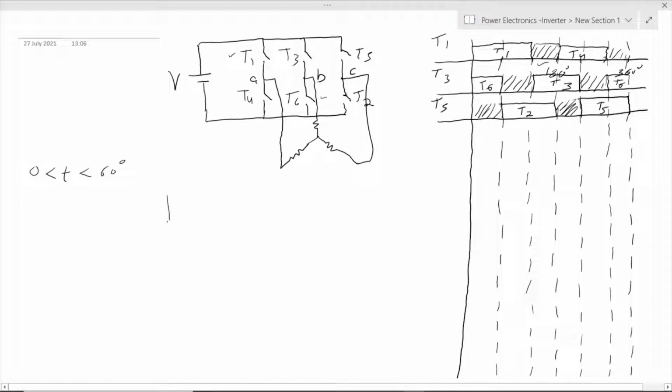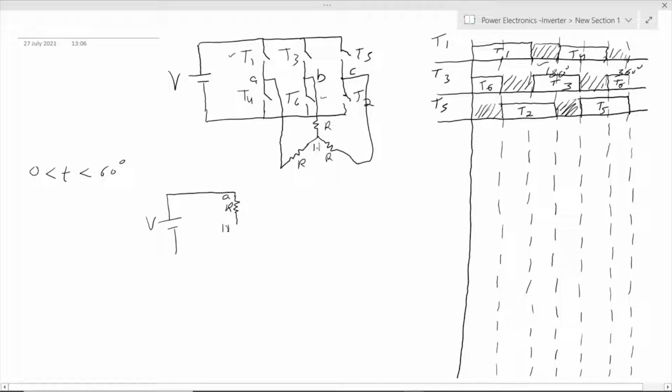So in that the circuit could be made like this. Your T1 is switched on. So your A phase, let us say R resistance, is connected to each phase. This is balanced load. So your A phase is connected to plus V potential, and then to neutral.